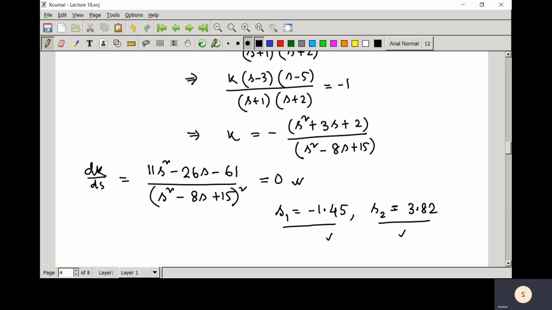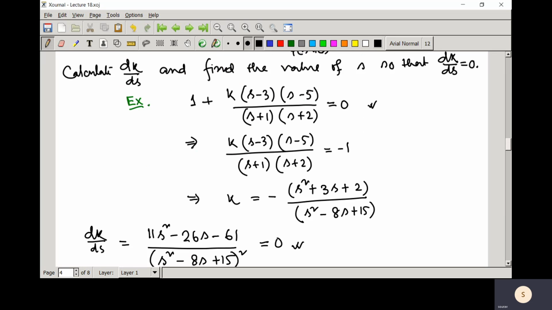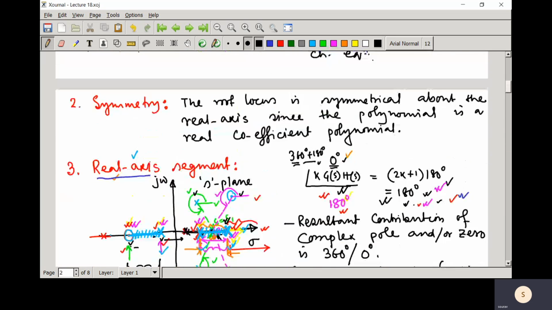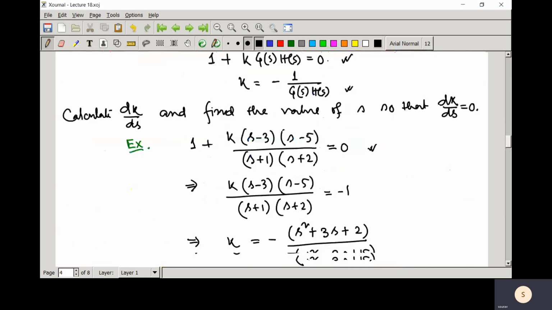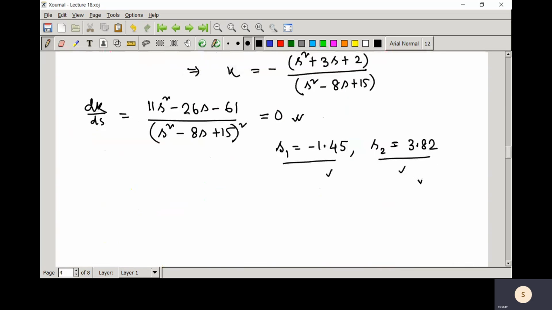You may ask how to check that. If you apply rule 3, you can see which part of the real axis belongs to the root locus, and those breakaway and break-in points are real numbers. Just applying that concept, you can easily find which point belongs to the root locus, and from there find which one is the breakaway or break-in point.